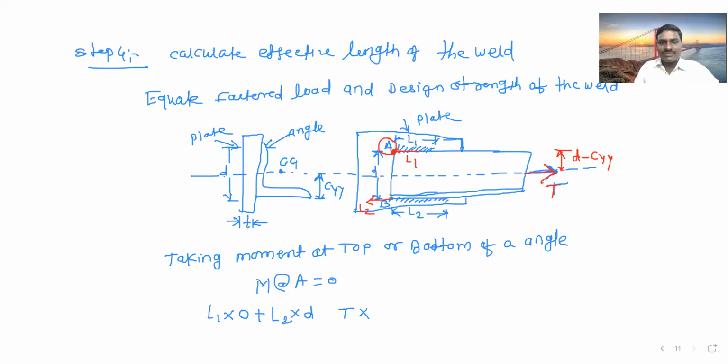This distance is D minus CYY. Now, so T into D minus CYY. So T is the force, D minus CYY is the perpendicular distance. आणि आपल्याला रोटेशन अशा पद्धतीने घ्यायचे टी ची, इकडे खाली नाही येणार. बी ला घेतलं तर असे येईल, बरोबर का? टी चं रोटेशन टुवर्ड्स बी घेतलं तर डाउनवर्ड साइड. If we have to take moment at A, so we have to go up. So this distance we require. Are you getting?